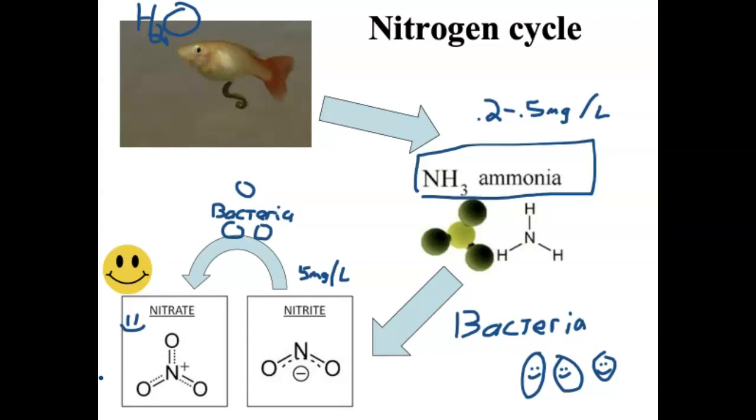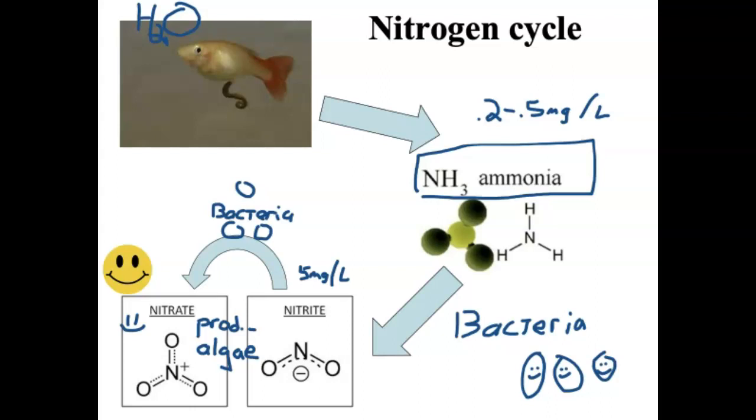Now the negative about nitrate is producers, things like algae, they love nitrate, and this can lead to algae blooms, which we'll talk about as we get into protists.